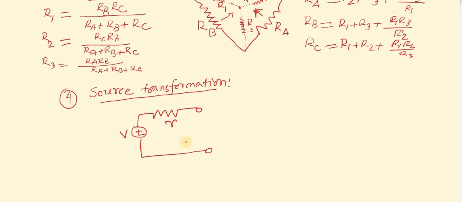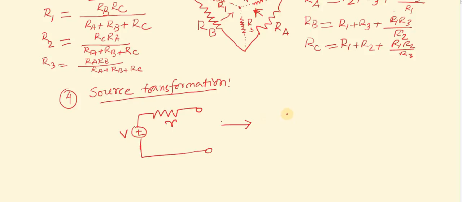Now we have to transform this voltage source into a current source. What you have to do is simply replace that voltage source with a current source and put the resistance in parallel, like this.